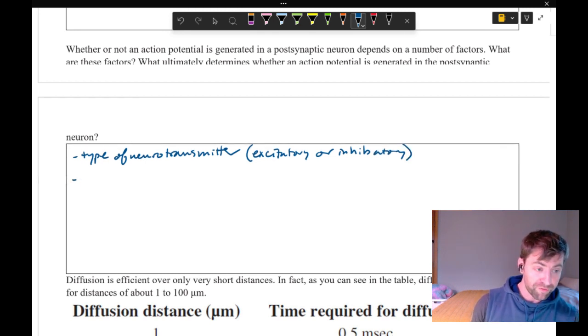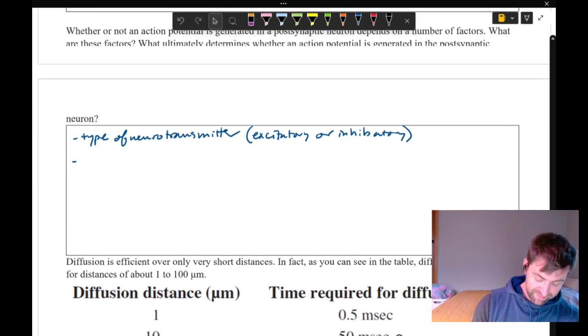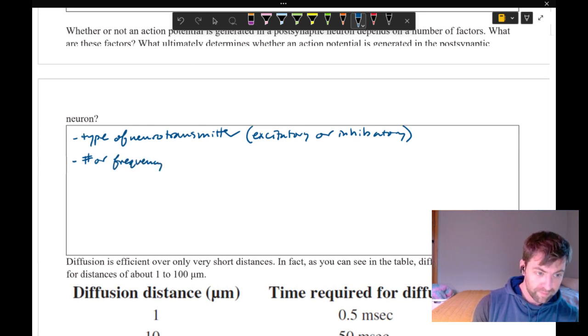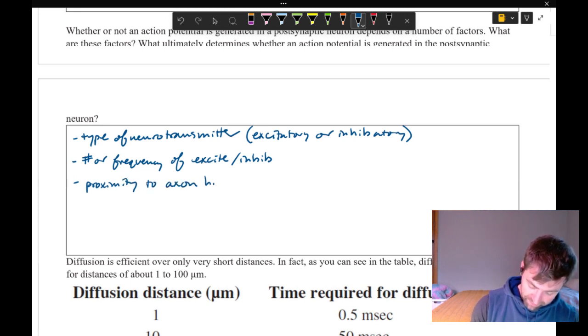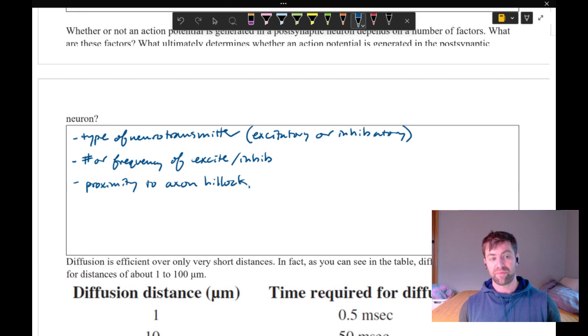We have the number or frequency of excitatory versus inhibitory neurotransmitters. And we have how close, so proximity, to the axon hillock. If the combination of all of these inputs depolarizes the postsynaptic neuron to threshold level, an action potential is generated.